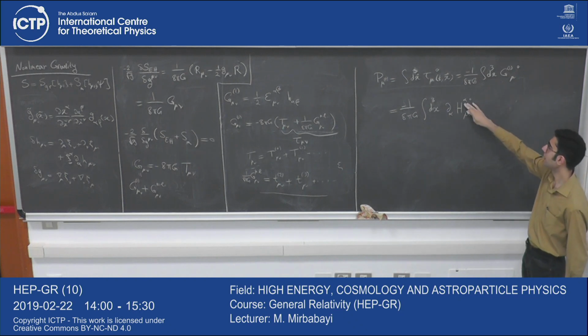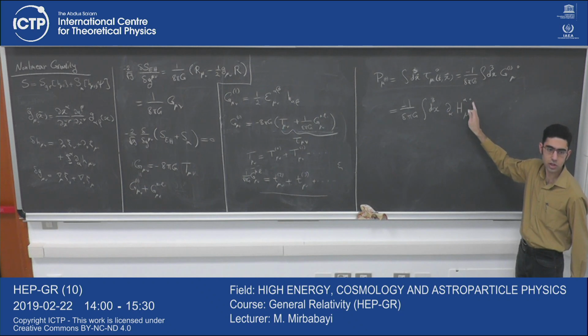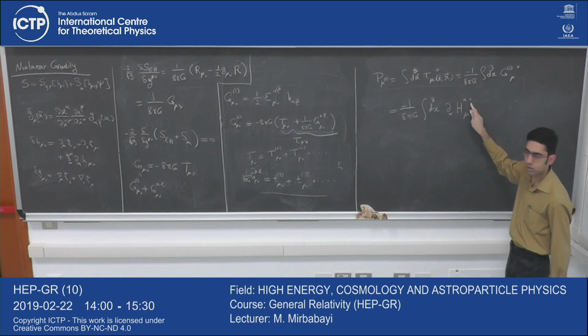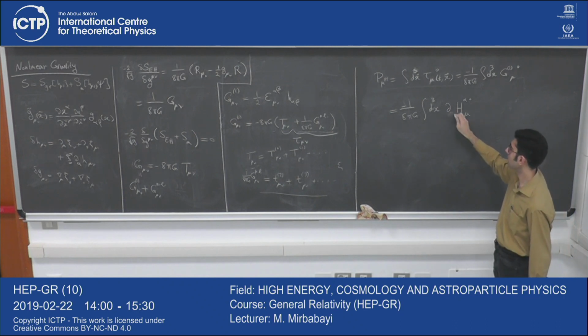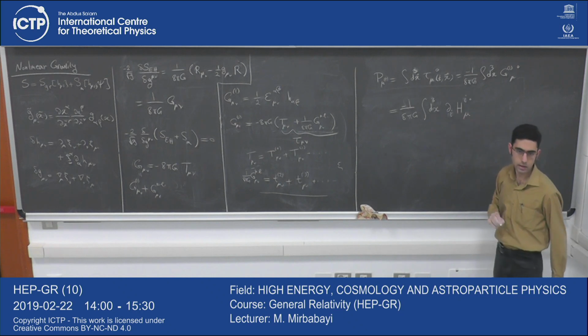But since this h is anti-symmetric under the exchange of these two indices, and I fix one of them to be 0, this other one has to be a spatial index. It cannot be a time index.